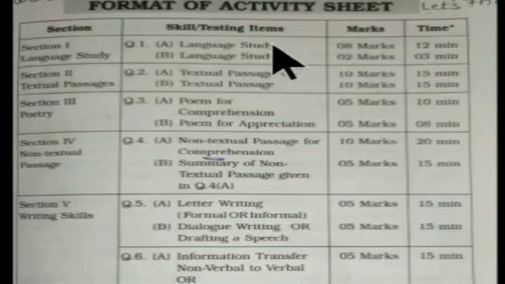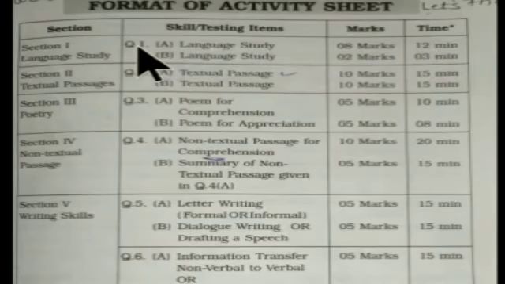In that question there are 6 sub questions, and you have to write answers to only 4 questions for 8 marks. Each question is for 2 marks and you have to attempt it in 12 minutes.